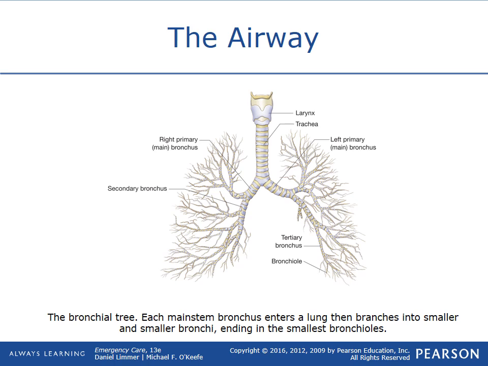It divides down into the left and right main bronchus. That's the bronchial tubes. And they divide even smaller into bronchioles. And those bronchioles lead down into little tiny air sacs called alveoli.